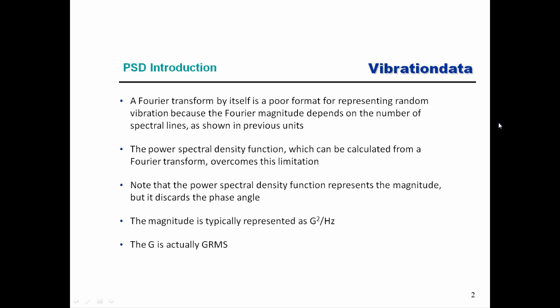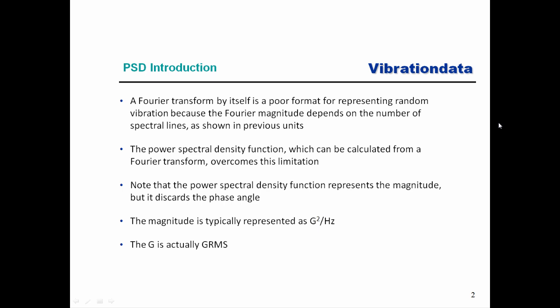So if we take some arbitrarily long time history and take a Fourier transform of that, we would get a high density of spectral lines, and the corresponding amplitude of those spectral lines would be relatively low. But if we took a shorter time history and took the Fourier transform of that, we'd have fewer spectral lines, and thus the average magnitude of those spectral lines would be higher. And this is assuming that we have stationary broadband random vibration.